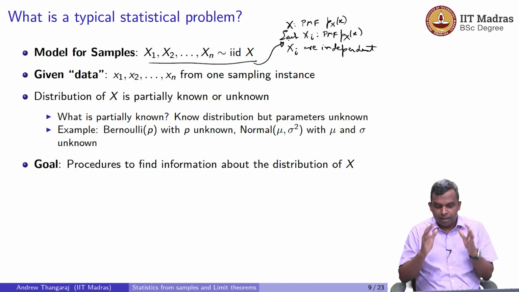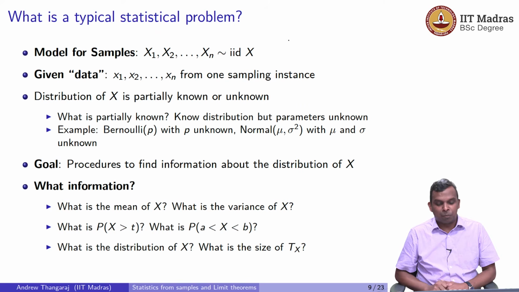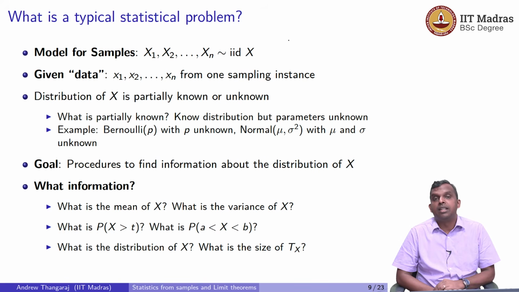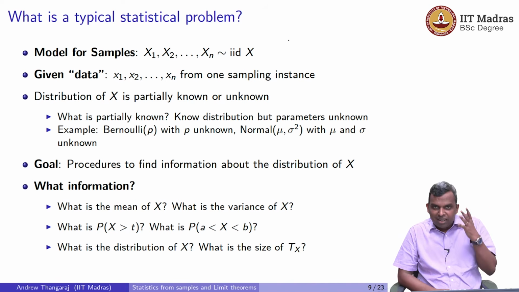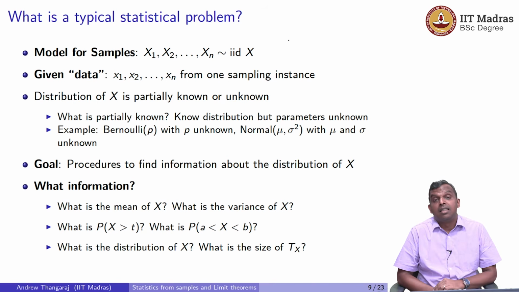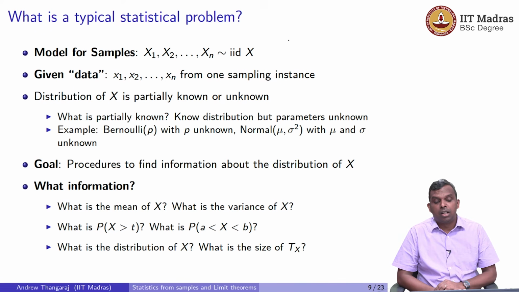In general, this is how statistical problems in this class are going to look. What type of information you may be interested in? Mean of X, variance of X, maybe. Maybe you are interested in the probability of an event involving X. Maybe you are interested in the distribution of X, or something more complicated to think of, or maybe the size of the range of X. These are all a little bit more complicated, and different types of information one can think of about the distribution that is known or partially known.